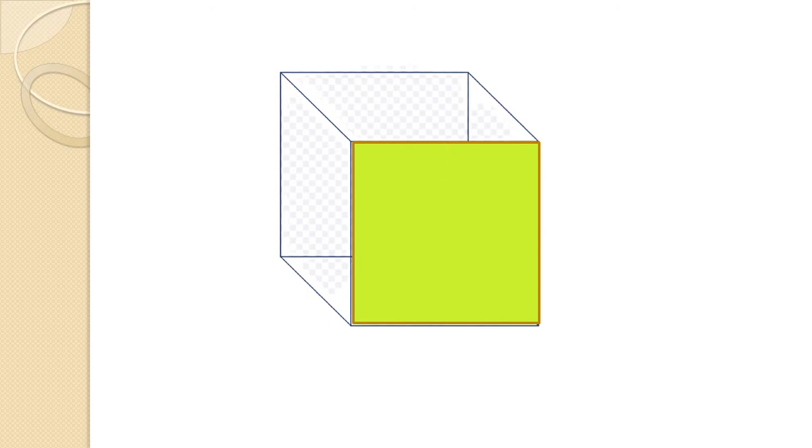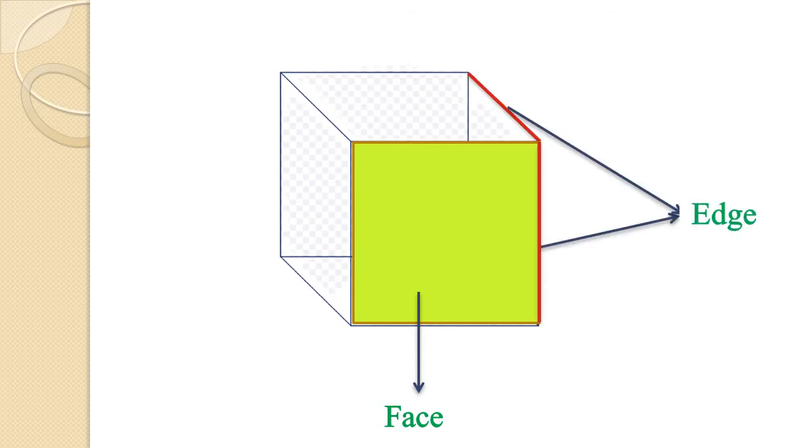So this is the face. Now let's see what is an edge. The line segment where two faces meet is called an edge. That is the line of intersection of two faces. So therefore, these are edges.